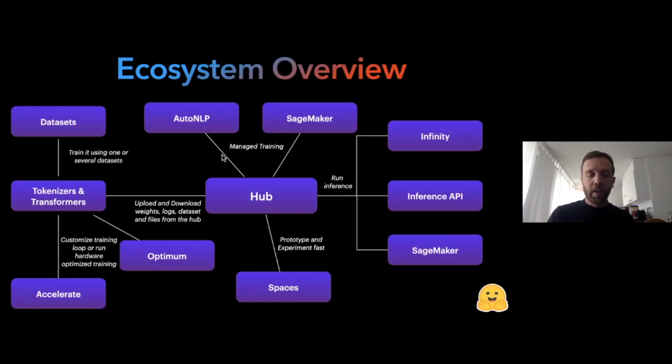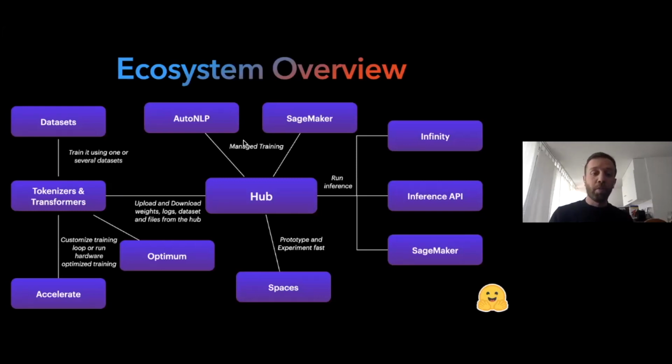Another exciting thing that we've been working on is AutoNLP, which is a framework where you just upload the data to the hub, essentially, or to AutoNLP, and it then automatically trains a model for you. So you actually don't need to know any code. You just upload your data set and AutoNLP figures out what the best model is and what the best settings are for that model and trains it for you.